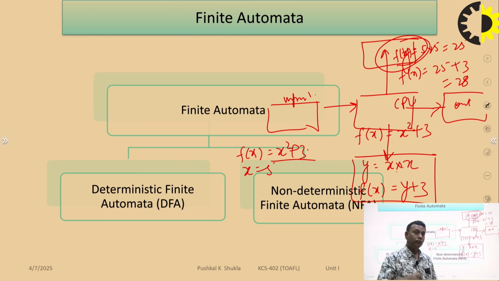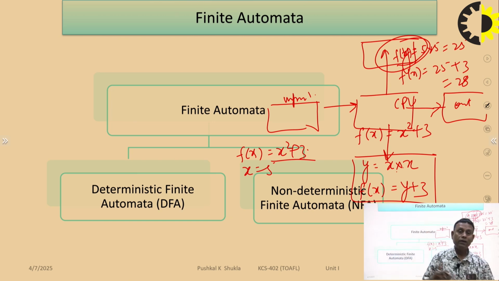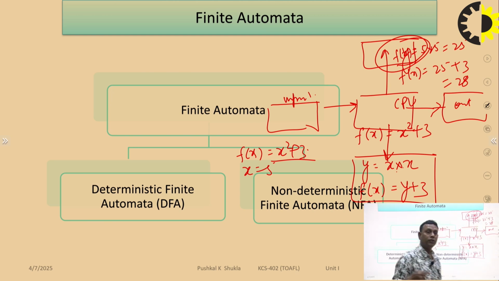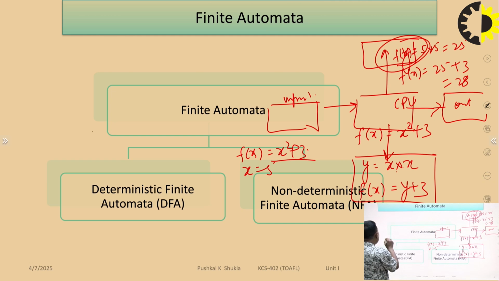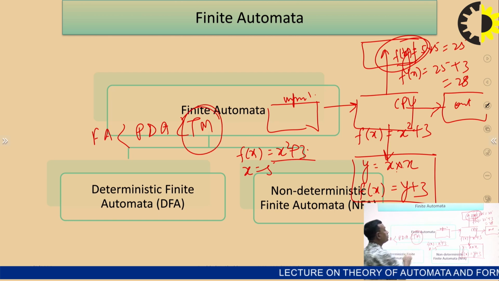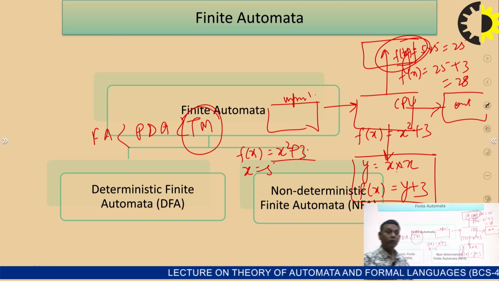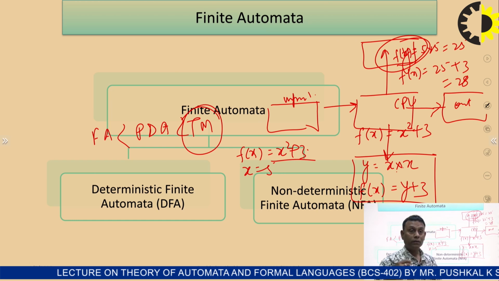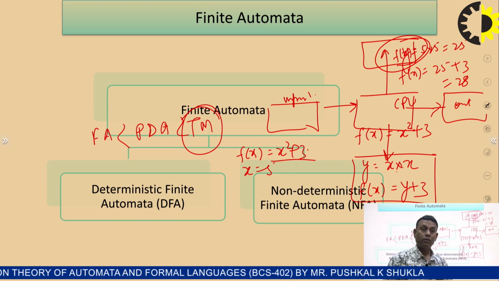So we can distinguish them based on temporary memory: finite automata, PDA and the Turing machine. In terms of capabilities, finite automata are less powerful than the PDA, which is less powerful than the Turing machine. The Turing machine is more powerful and much more useful.